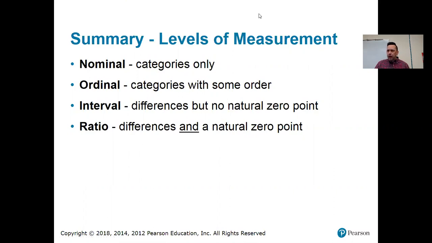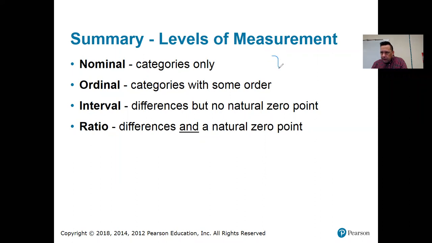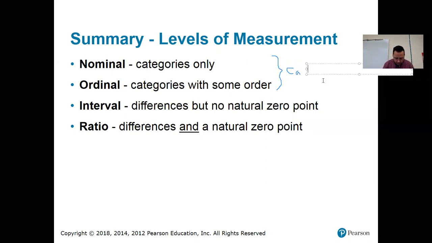And one thing that I will add to this, forgive me because this is a little clunky. These two levels right here tend to be categorical. And I guess I could bring up a thing where I type that. I think that would work better. Actually, yeah, let's do that. These two are categorical.